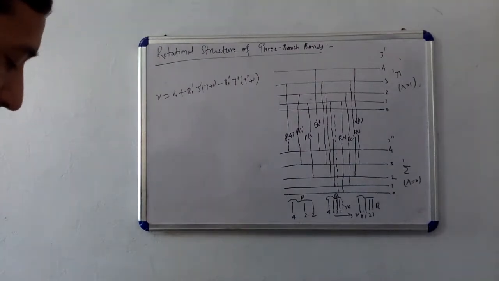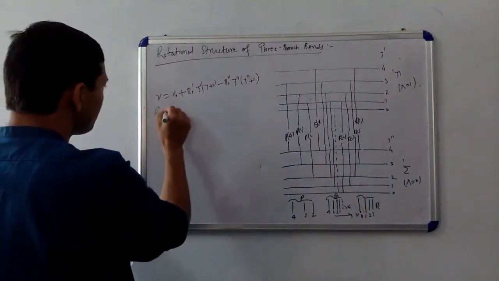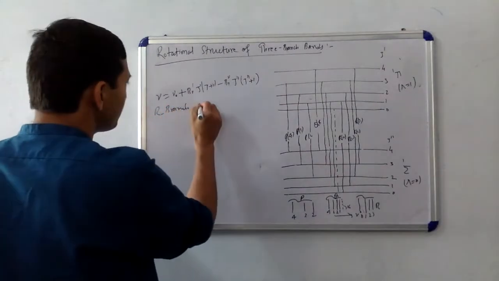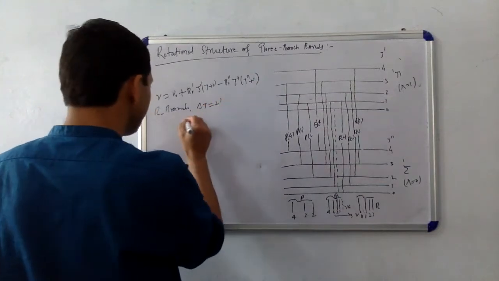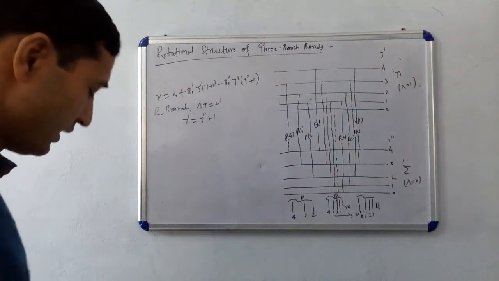For the R branch now, delta Z is equal to plus 1. This means that j prime is equal to j double prime plus 1, and the same derivation follows.